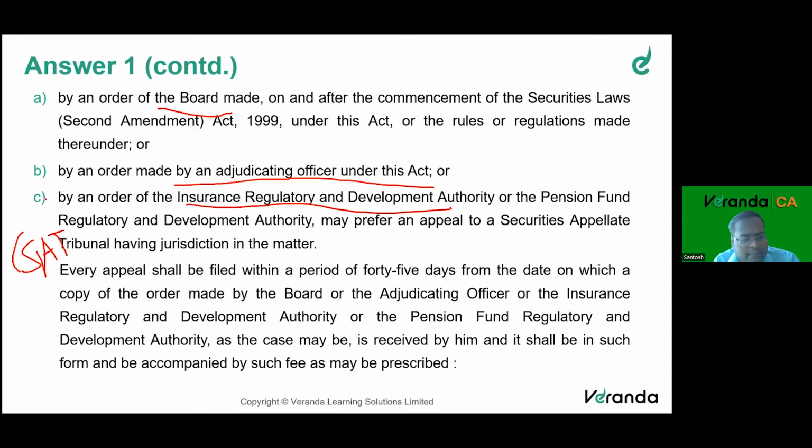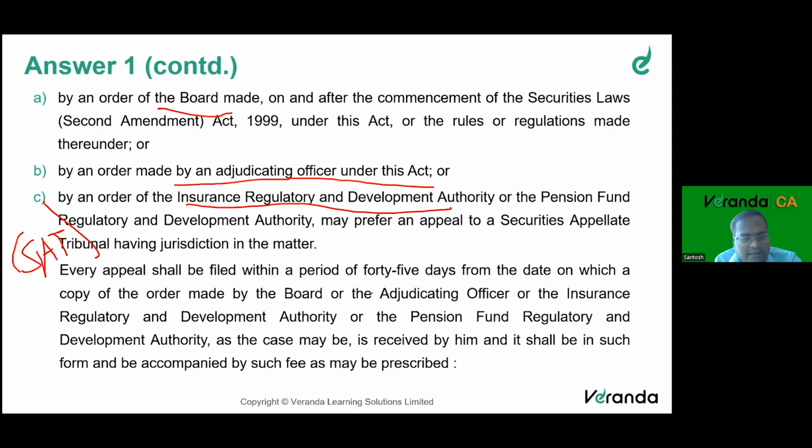So the Securities Appellate Tribunal can cover all of these 3. What is it that they can cover? They can cover anything with respect to the order from a board, the order from an adjudicating officer, or from IRDA and the Pension Fund Regulatory Authority. Now, by when can they go back on this order?